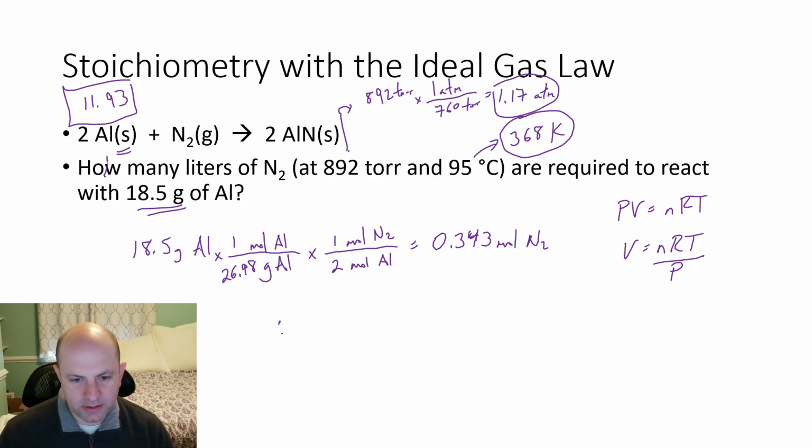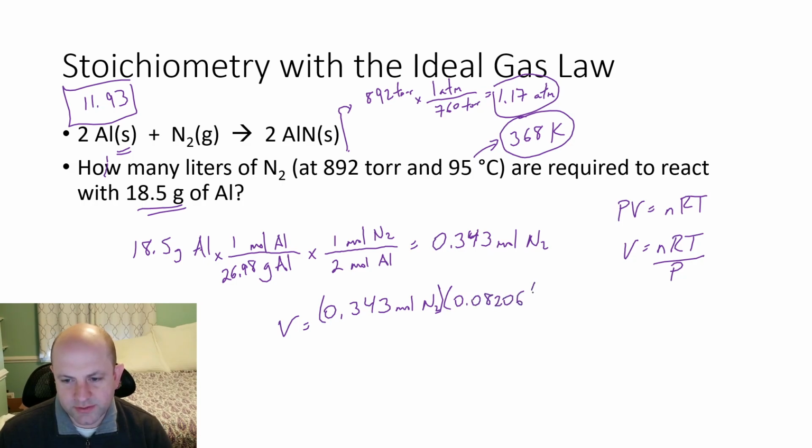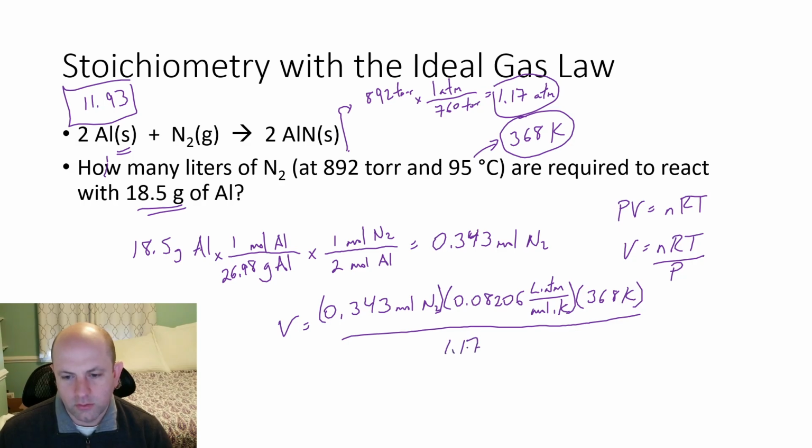So now we're just going to plug it in. That volume is 0.343 moles of nitrogen, times R, 0.08206 liter ATM over mole Kelvin, times the temperature, 368, and then all over the pressure, 1.17 ATM.